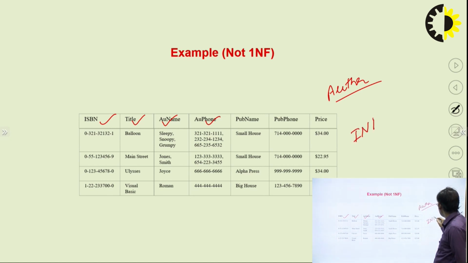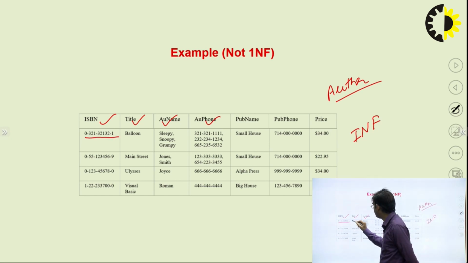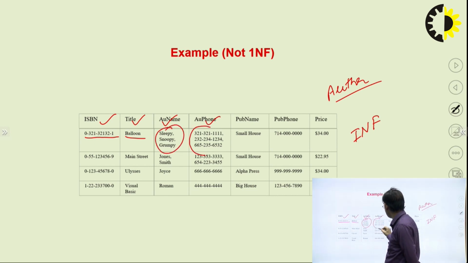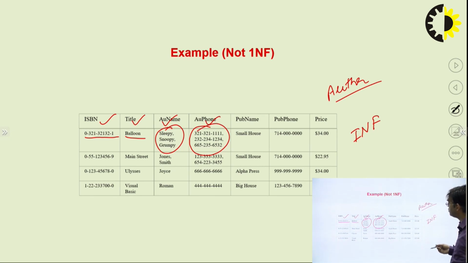What are the conditions of first normal form? We have to identify whether all values are atomic or not. Let's check this one. ISBN. What is the title? It contains more than one value. Author phone number also contains more than one value. That's why this table is not in first normal form.